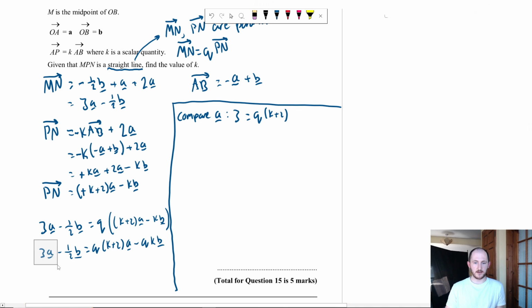Right? I say logically because I've gathered the like terms. I do the same for B. Again, please let me know if there's anything wrong. On the left-hand side, we just have minus a half. On the right-hand side, I have minus qk.